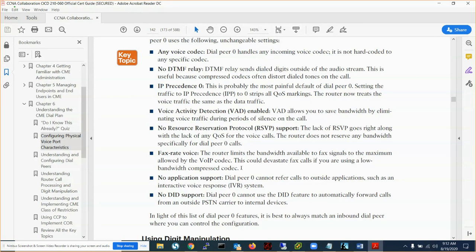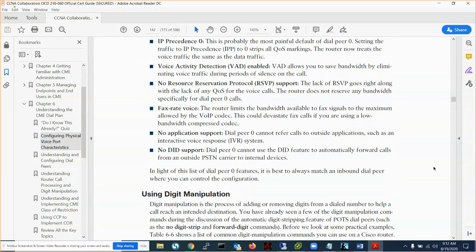So imagine you're using Cisco Unity Express, Cisco Unity Connection, which is the bigger one, or Contact Center.